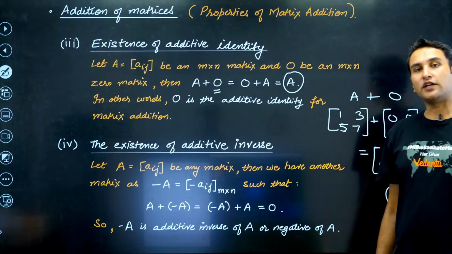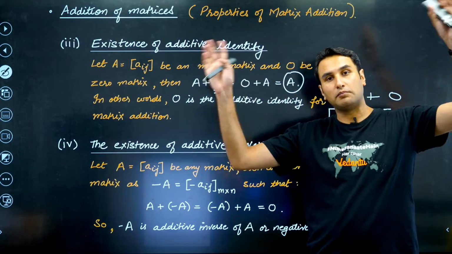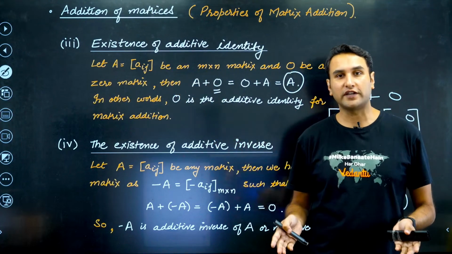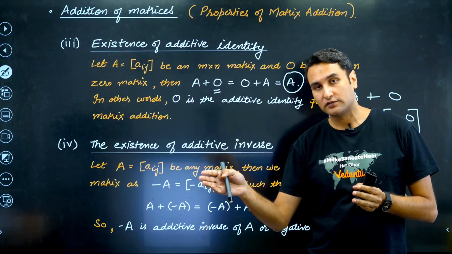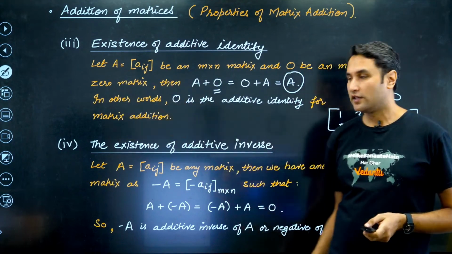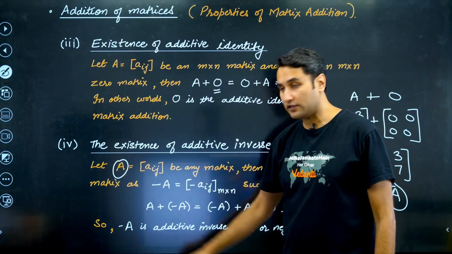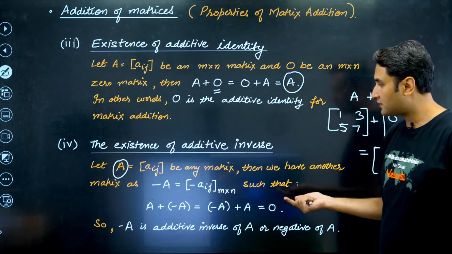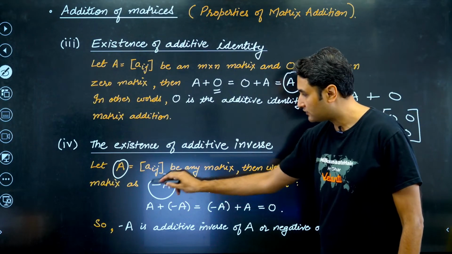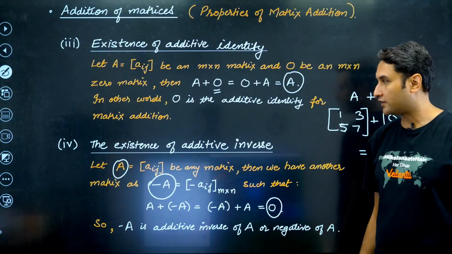Similarly, there also exists an additive inverse. In the world of numbers, what was the additive inverse? The number which, when you add it to a number, the answer is 0. So yes, if we have a matrix A, then there exists a matrix minus A. When you add these two, the answer is the null matrix.